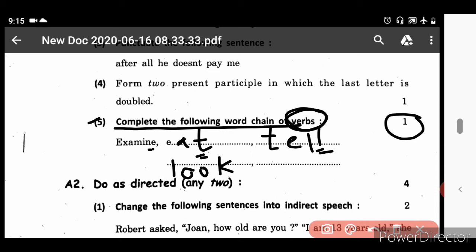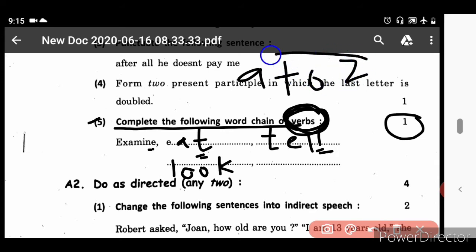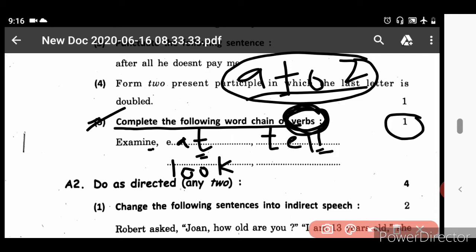Here they will ask us for verbs, adjectives and nouns also. So you have to remember two verbs with each letter from A to Z. I have uploaded a video on this topic, with five adjectives and five verbs for each letter from A to Z, so you can watch that video.